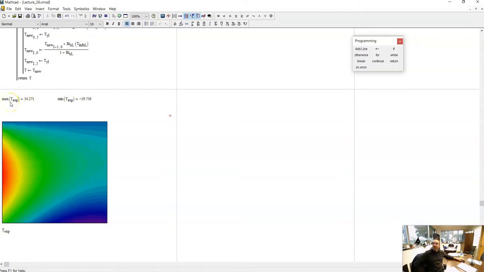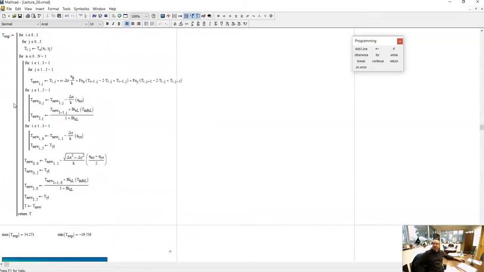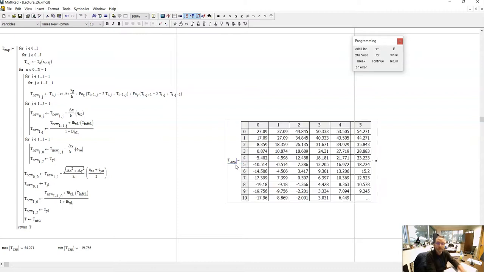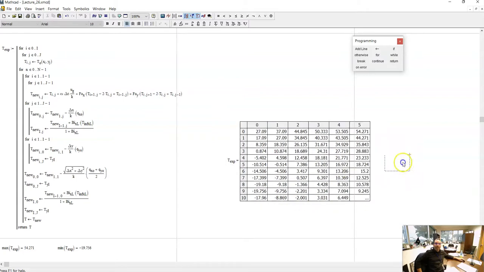See, I query here what is the explicit temperature. So when we return t, we return into an array called t explicit, and if we print t explicit, what we'll get is an 11 by 11 array of temperatures at the last time level, right?